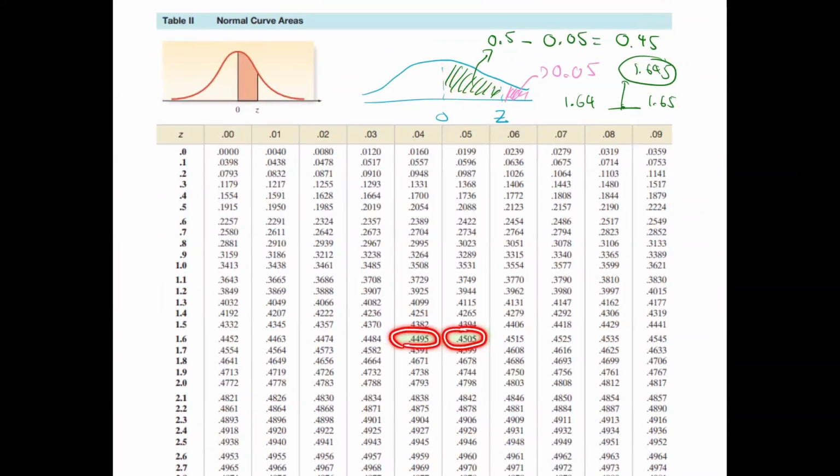These are the two closest areas. And 0.45 is right in the middle. So I would have 1.6. And in the middle of 0.4 and 0.5 is 0.45. So I have 1.645. Does it make sense?